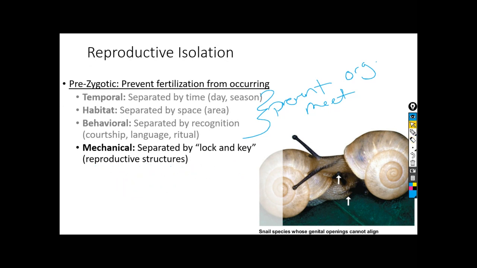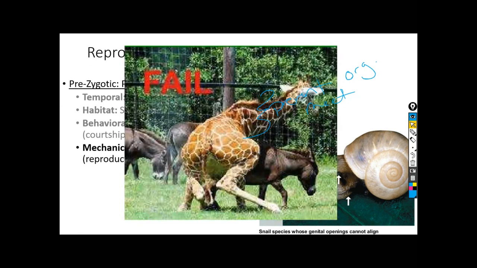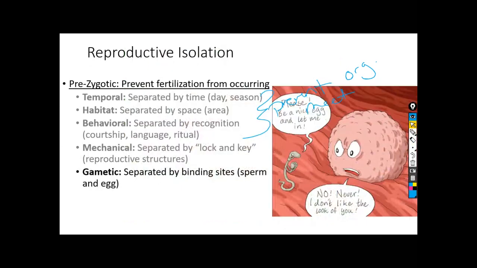Okay, so we've got one left. And now we've gotten too close. All right, so our lovers have met. They've ignored all the warning signs. Oh, that's right. Forgot I did that. Keep going, man. And we got past the mechanical issues. So the sperm, in this case, was deposited into the female.